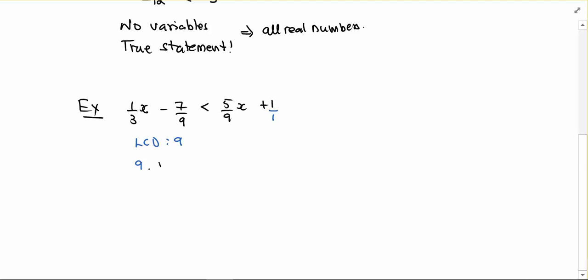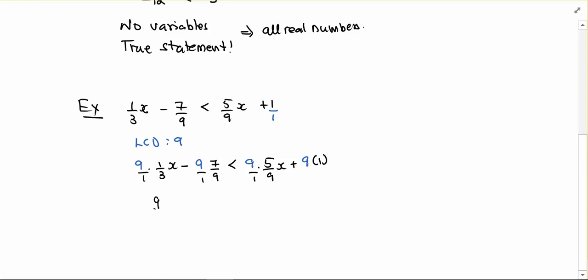So 9 times 1/3 x minus 9 times 7/9 less than or equal to 9 times 5/9 x plus 9 times 1. So this is over 1, over 1, over 1.